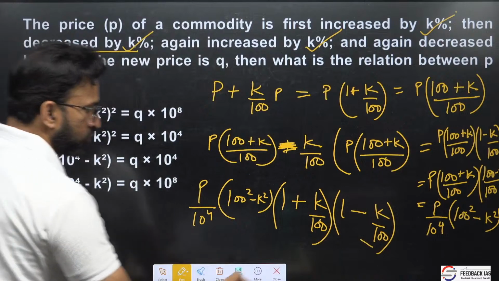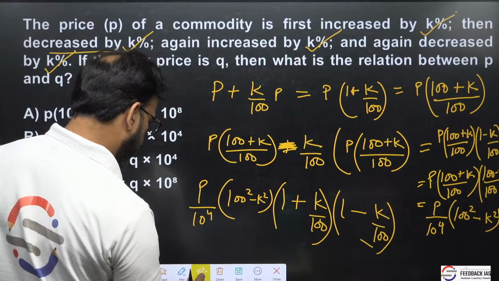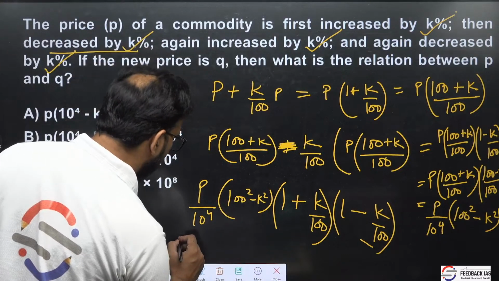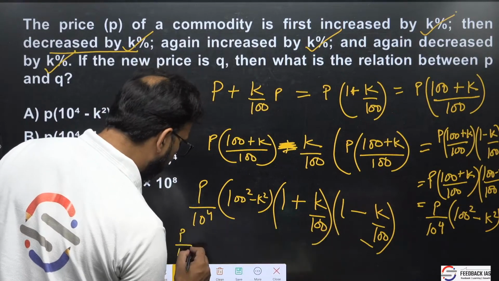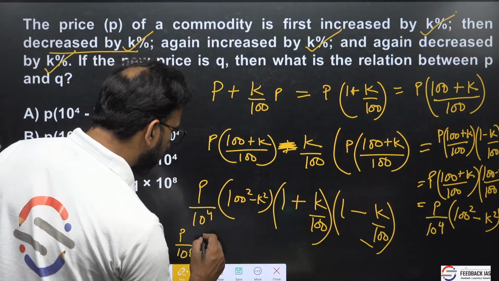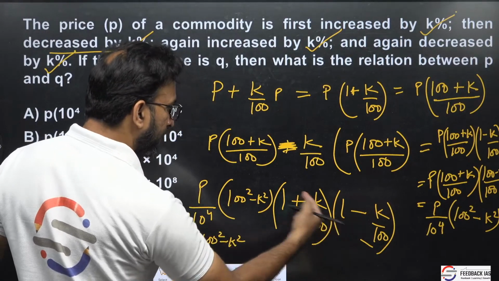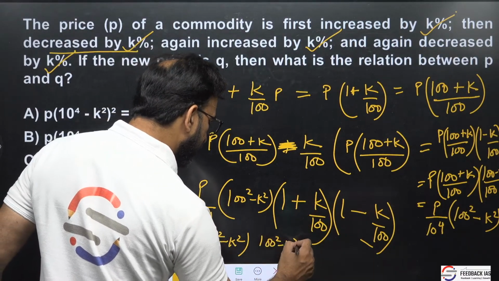So this is same as A square minus B square. We are using the identity. So over here we can write it as P divided by 10 to the power 4 times (100 square minus K square) times (100 square minus K square).